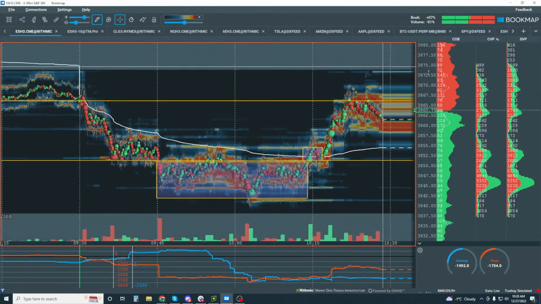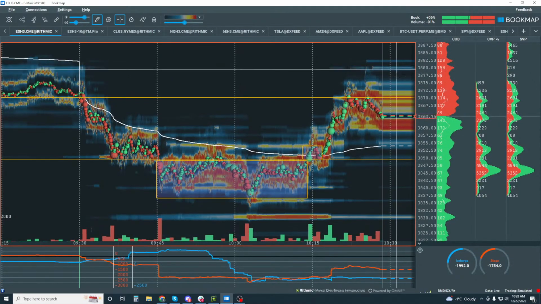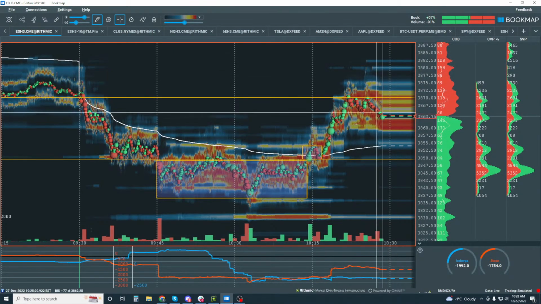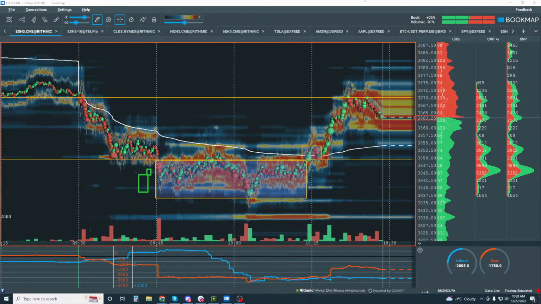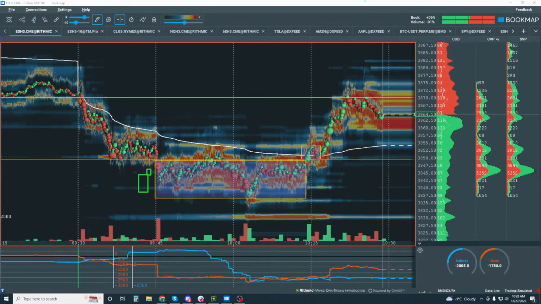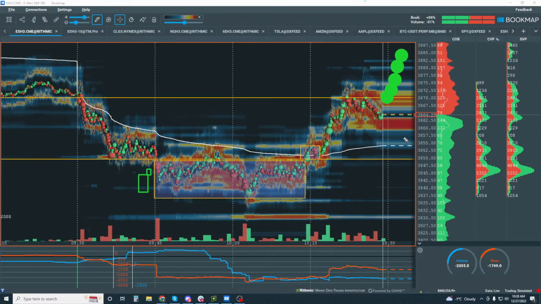If we can get that, and up to 80 as well, we get those strong buyers up in here, big green dots, and let's get back to the pen tool, big green dots up here, then we're looking for that move higher, and we'd be looking for that gap fill at that time.